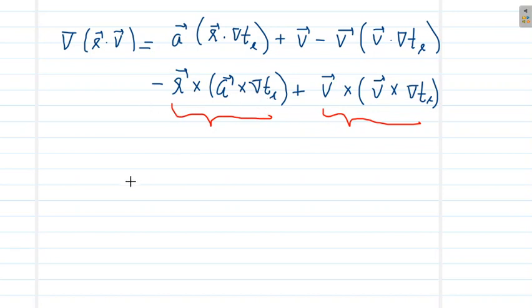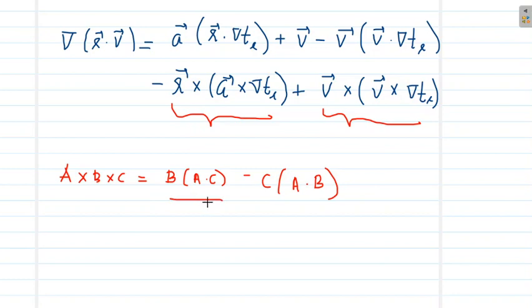We can expand these triple products using the BAC-CAB rule, given by A cross B cross C is equal to B into A dot C minus C into A dot B. So this is the BAC-CAB rule of the triple product of vectors.